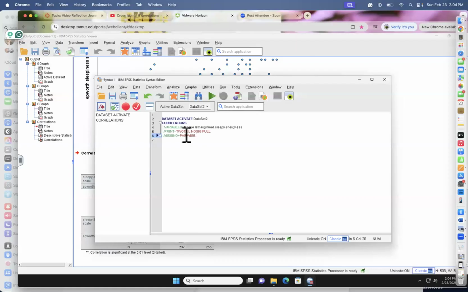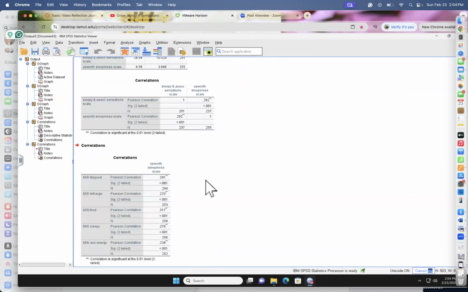And what this does is this sets up, this shows us our variables. So I need to put WITH, because remember we're comparing our ESS with the individual elements. So I'm going to type in the word WITH in all caps. And then I'm going to highlight all of this and hit run.